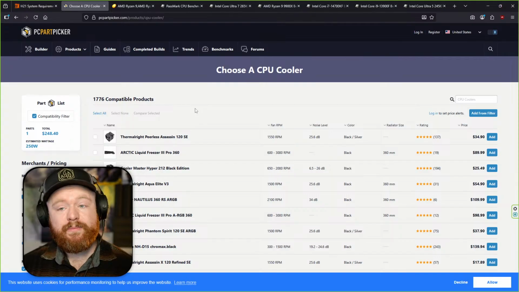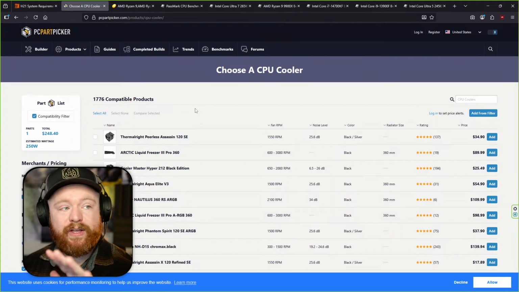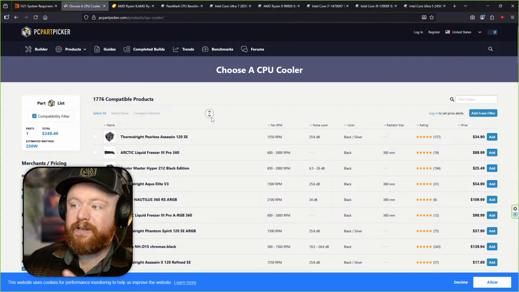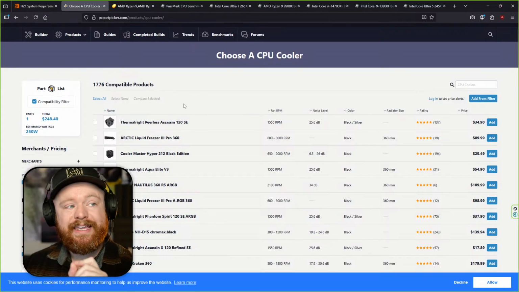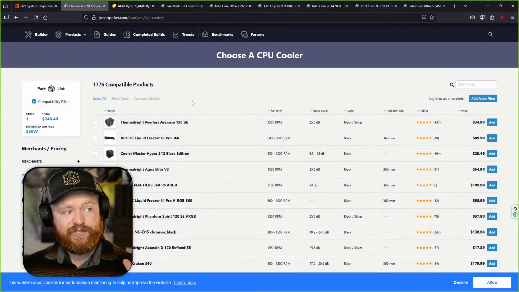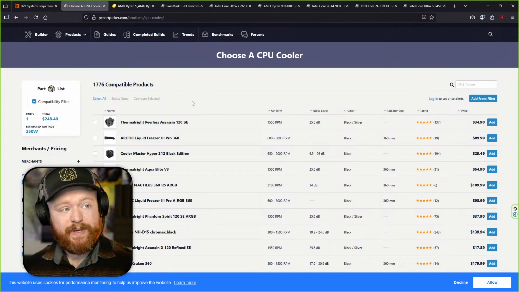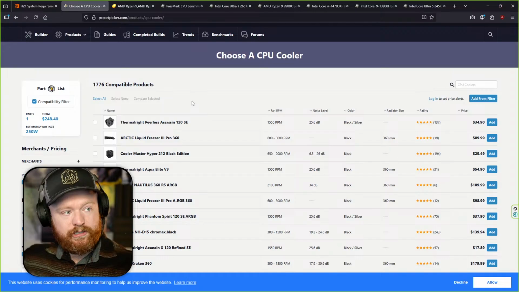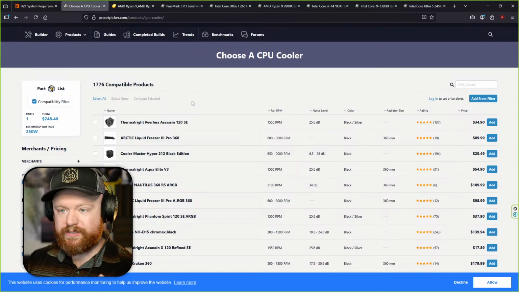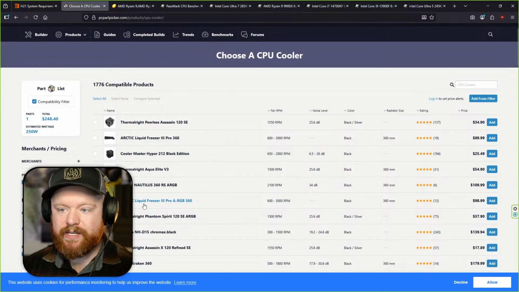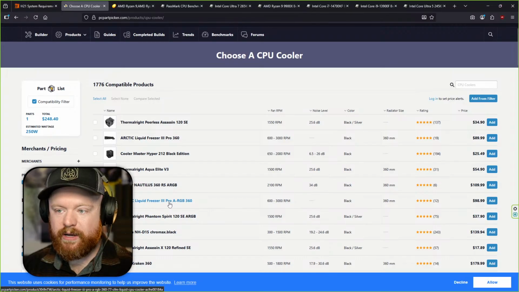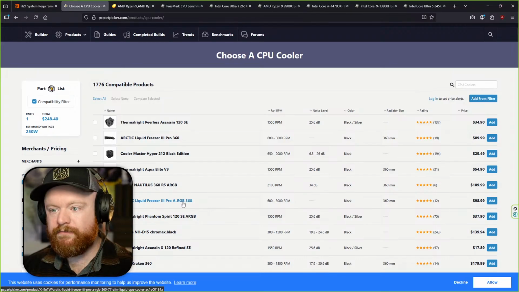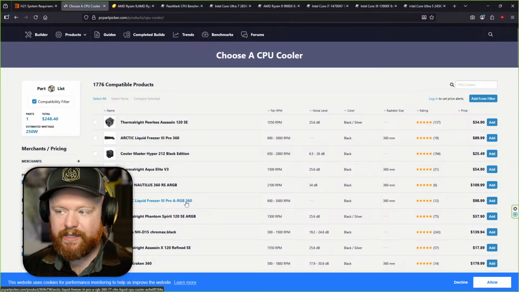The other thing that I want to mention when it comes to finding the right cooling option is that this is going to have a big impact on what sized case you need. My expensive build that I'm using right now uses a massive closed loop liquid cooling setup. It's the Arctic Liquid Freezer 3 Pro, but I have the 420 version instead of the 360.